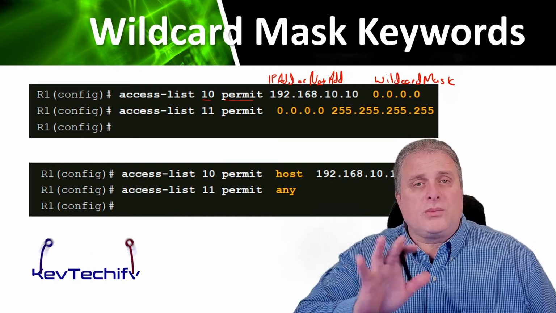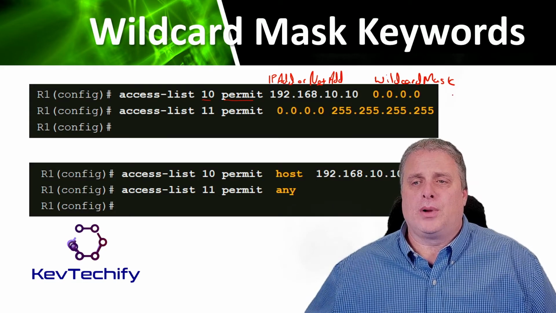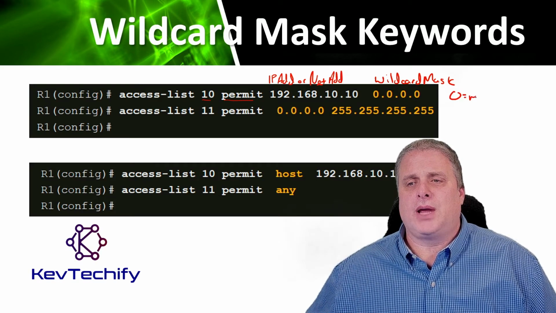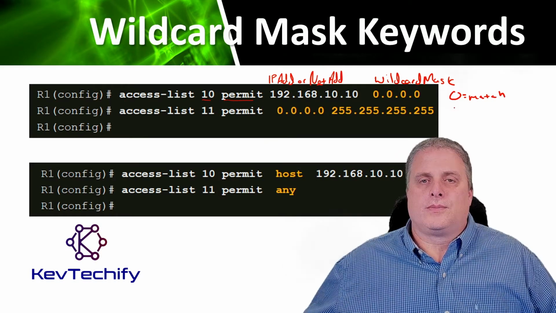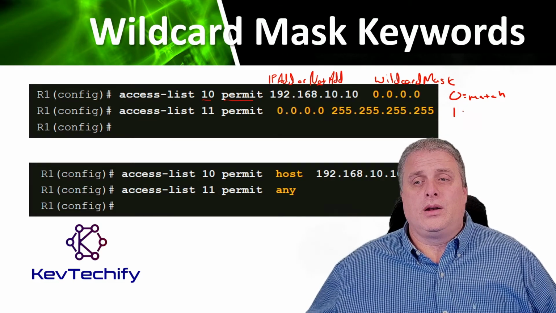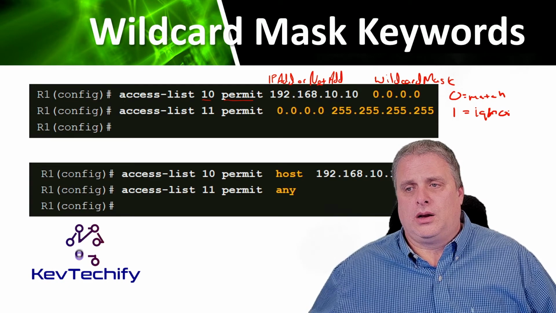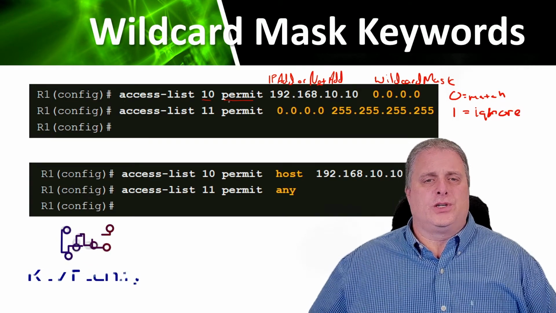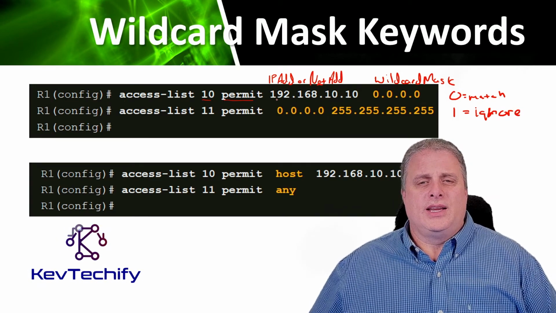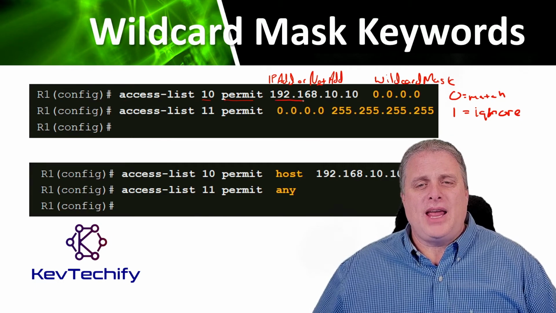As we talk about these wildcard masks, remember 0 is a match and 1 is ignore. Here for this first one, what we want here is this host at this IP address.